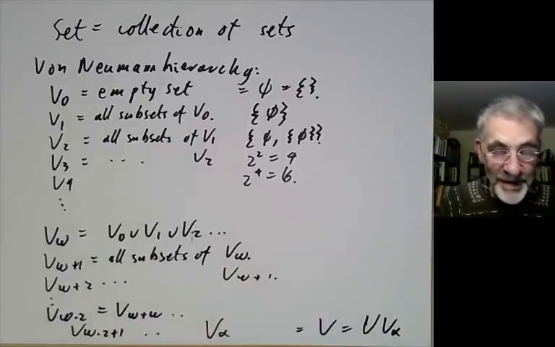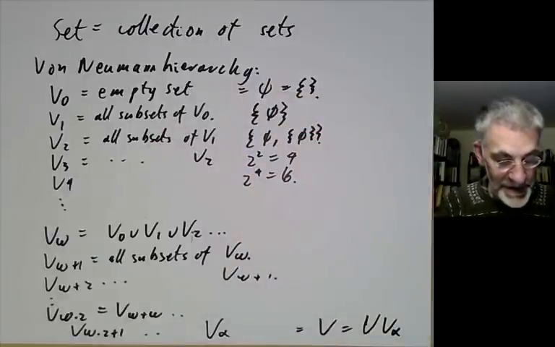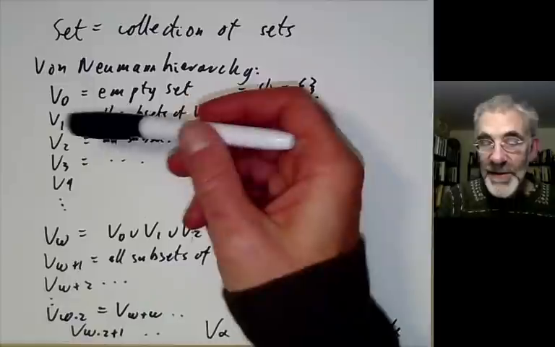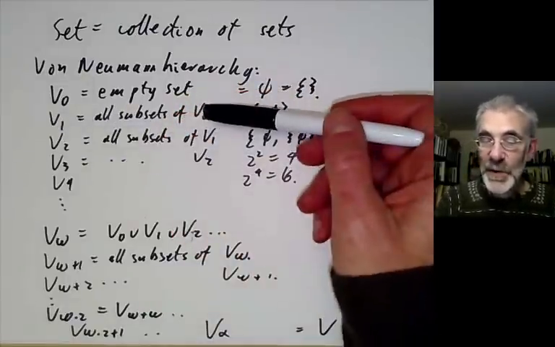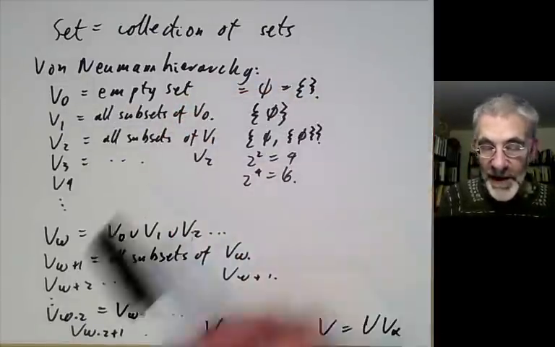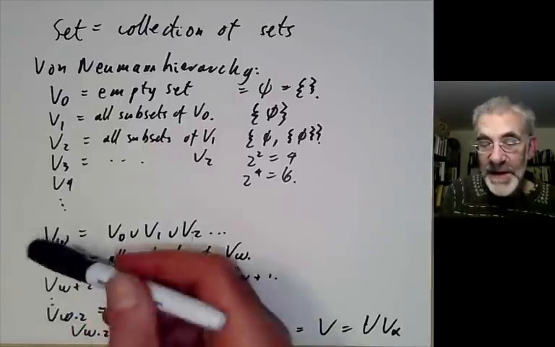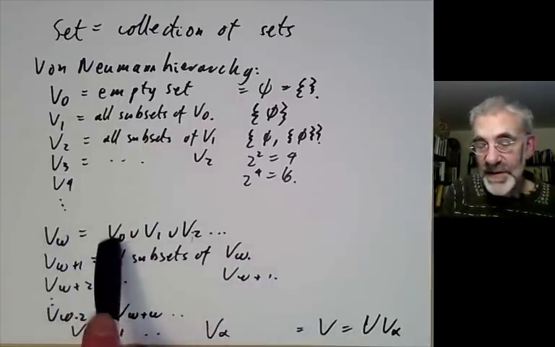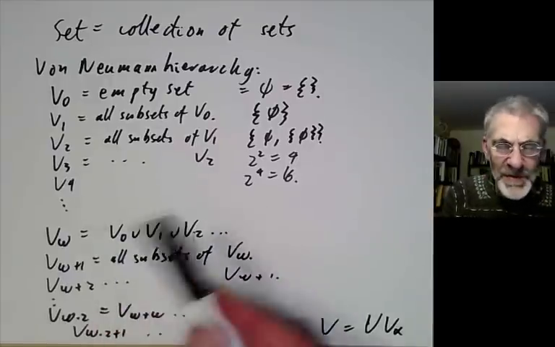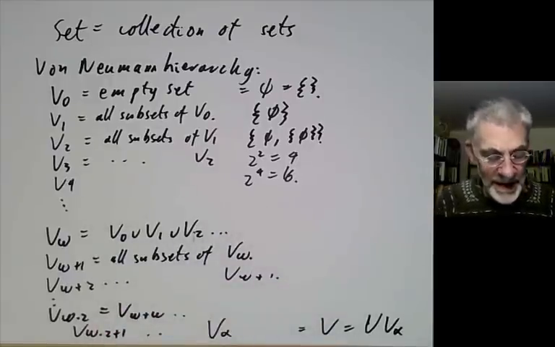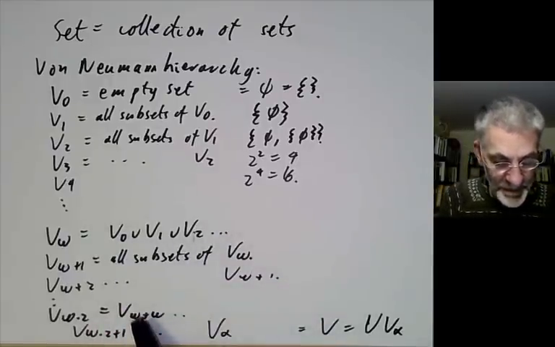To see where the various axioms occur in this, the power set axiom is used in going from V alpha to V alpha plus 1. You see, you're taking a power set each time. The axiom of infinity is needed in order to get to V omega, because to form the union of an infinite collection of sets, you need to be able to define what infinity means, and that needs the axiom of infinity.